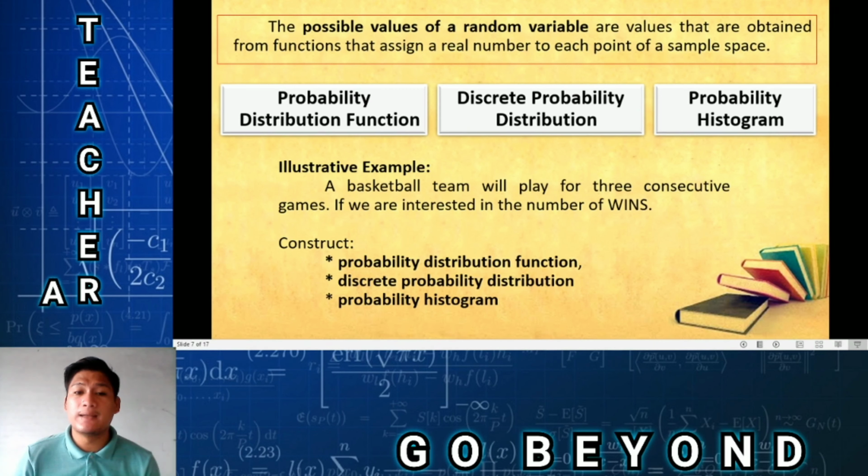A basketball team will play for 3 consecutive games. Then we are interested in the number of wins. So let's construct the probability distribution function, discrete probability distribution, and probability histogram. But before that, let's have a review on how to get the probability of an event.